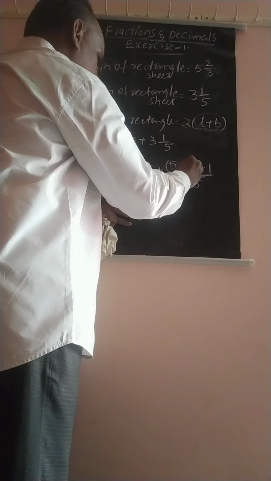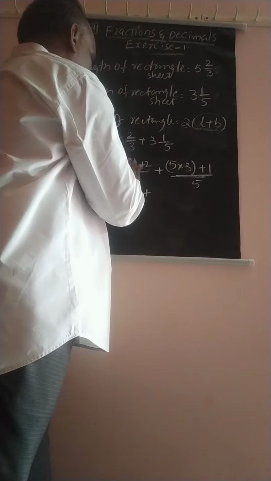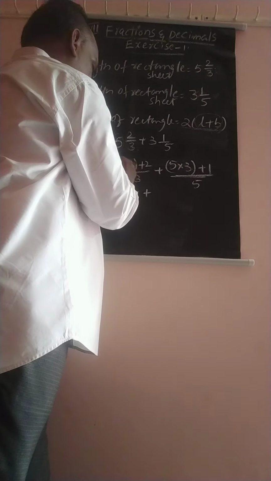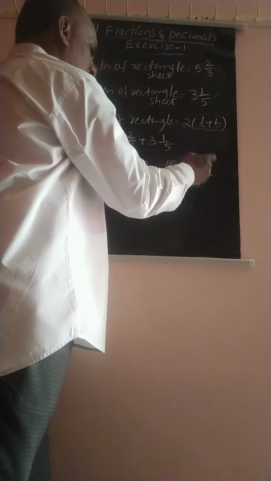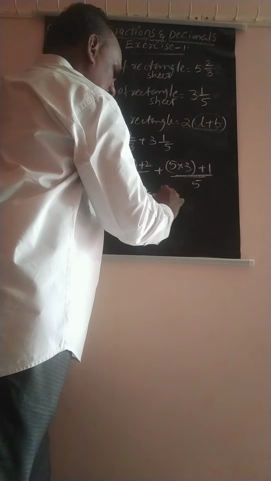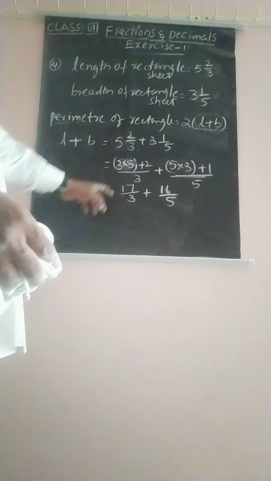Then 3 into 5, 15 plus 2. Here 5 into 3 plus 1, how much? 16 by 5. So 5 2 by 3 means 17 by 3, and 3 1 by 5 means 16 by 5.